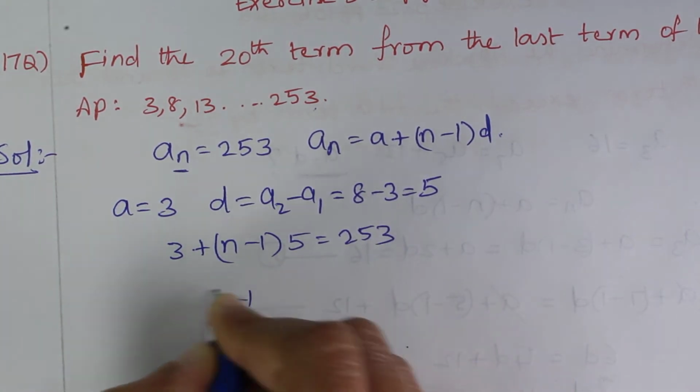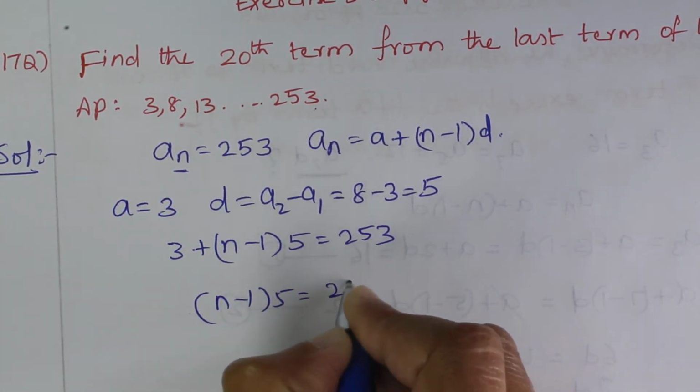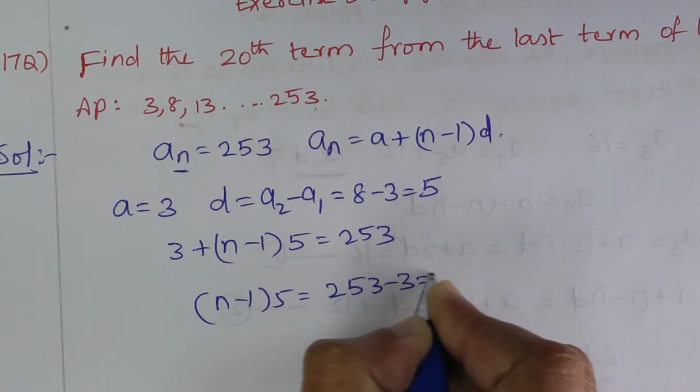So n minus 1 into 5 is equal to 253 minus 3, that is equal to 250.